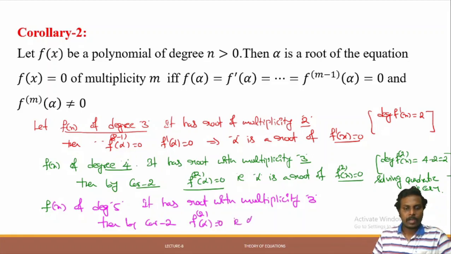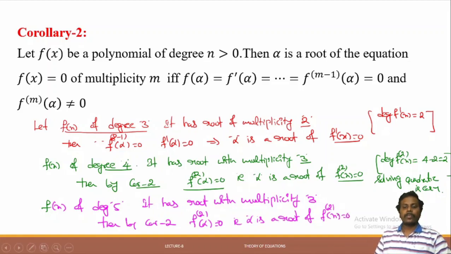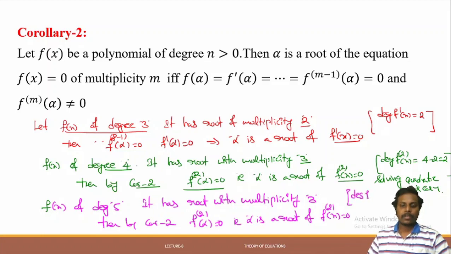That is, alpha is a root of the double derivative of f equal to 0. So what is the degree of the double derivative? 5 minus 2, it is 3. So we have to solve a cubic equation to get the multiple root.